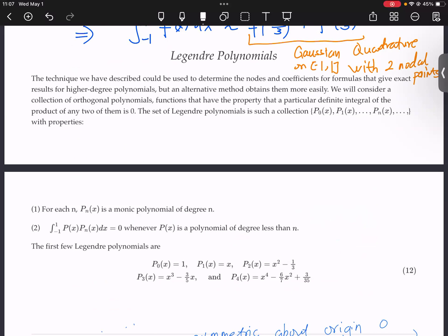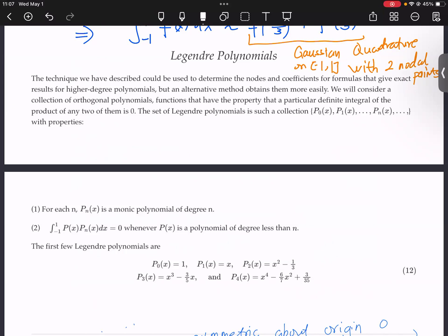But for the Legendre polynomials, if you go back to your 104A notes, you would see what the Legendre polynomial is. It is a collection of orthogonal polynomials, and you can use the Gram-Schmidt process to get such a set of Legendre polynomials.